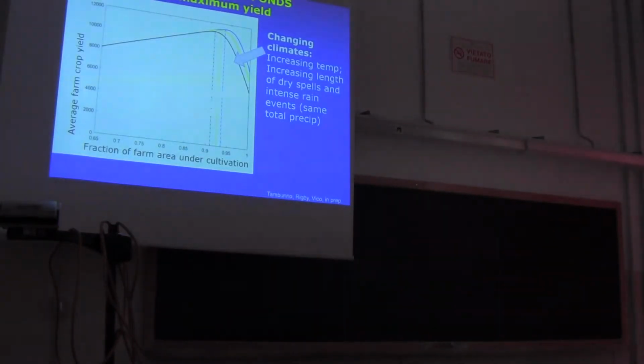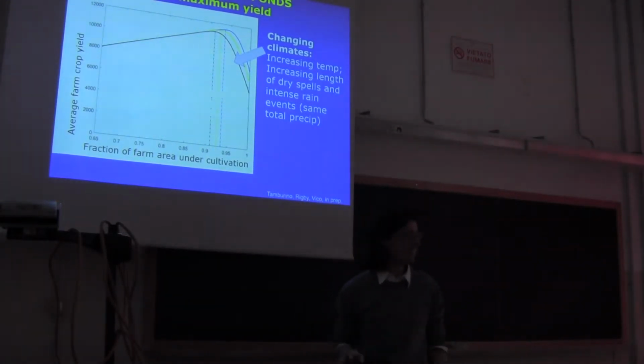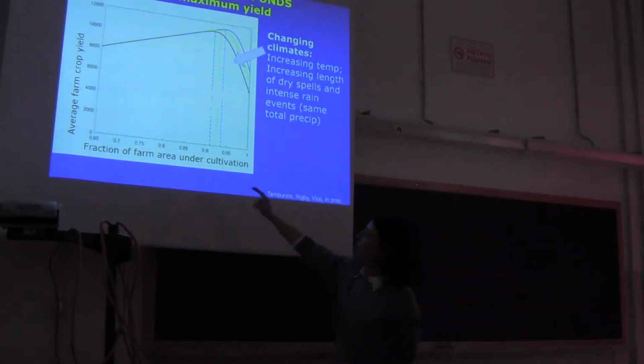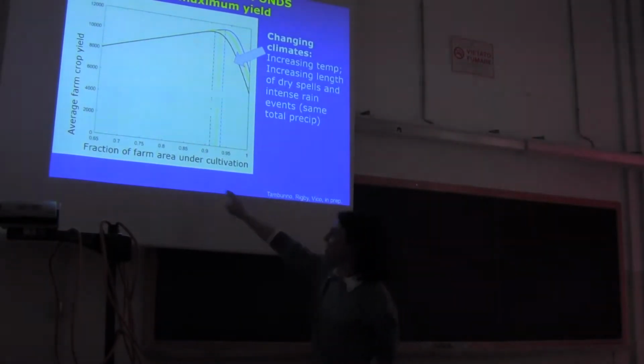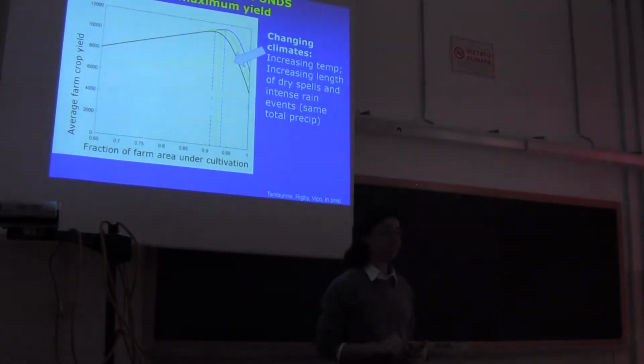So we try to answer this question, and the colors are off. That's okay, but that's interesting. Here you see the fraction of the farm area under cultivation.